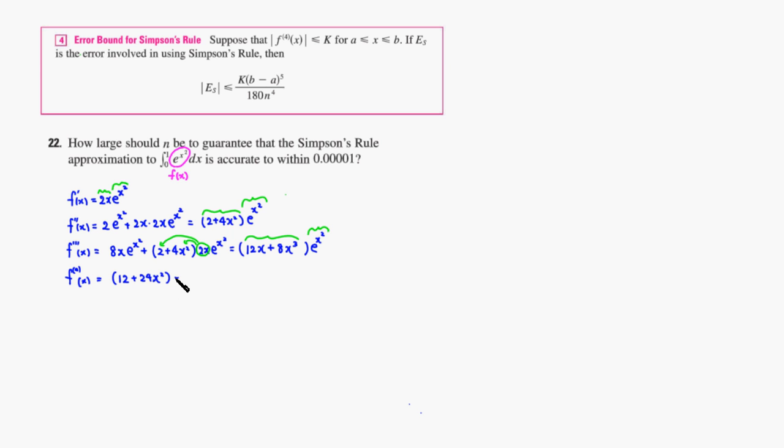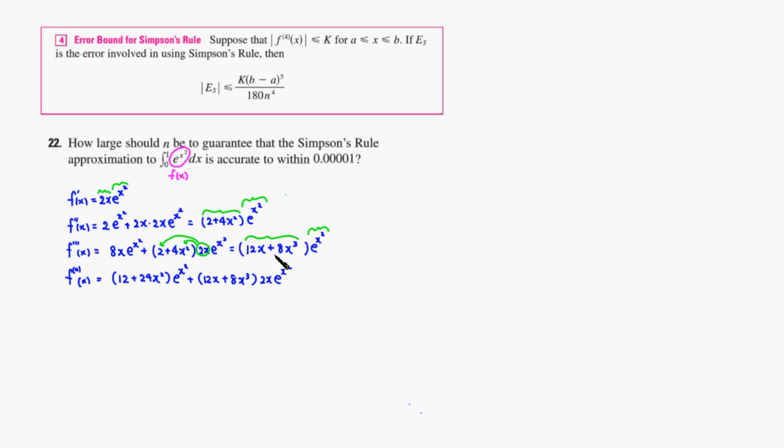Then you have e to the x squared, plus we have 12x plus 8x cubed, and the derivative of e to the x squared is 2x e to the x squared.